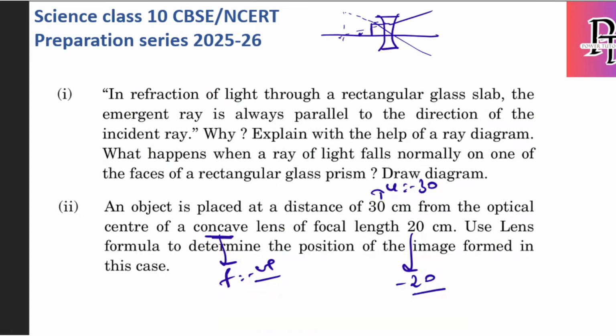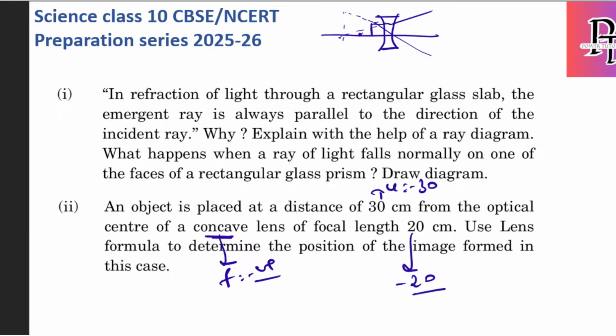Okay, let me just cross check everything is fine. Object placed at a distance of minus 30. It is between these two, so the object is plus u.